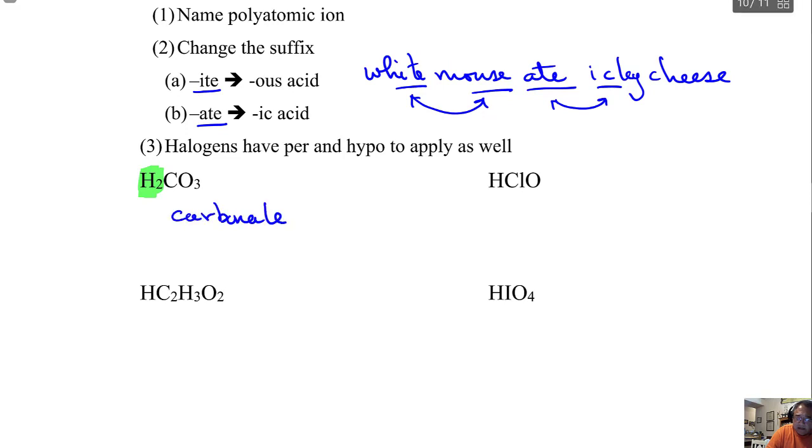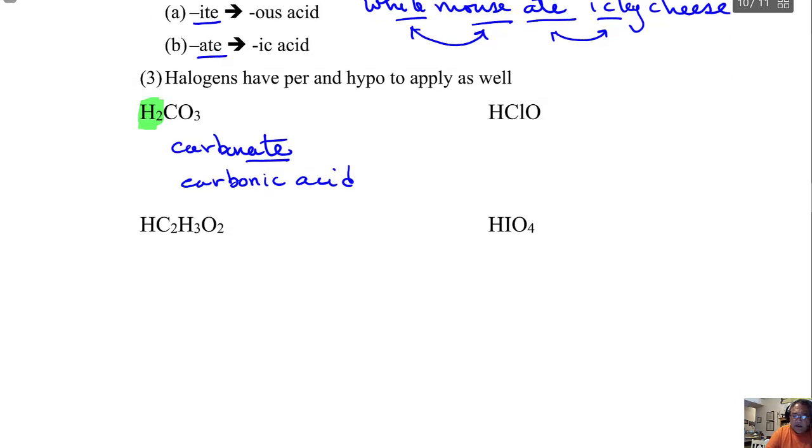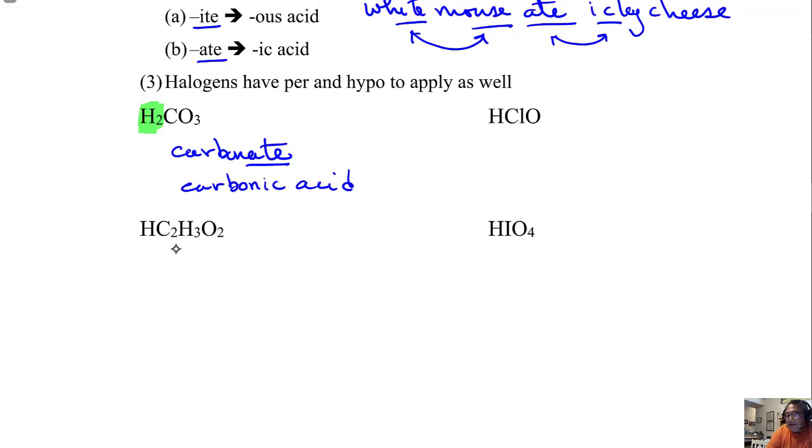Carbonate is what the anion is. We'll name it as carbonic acid, like that.